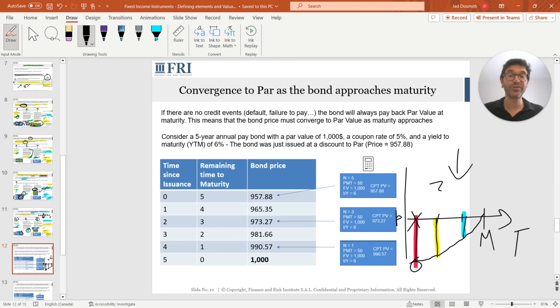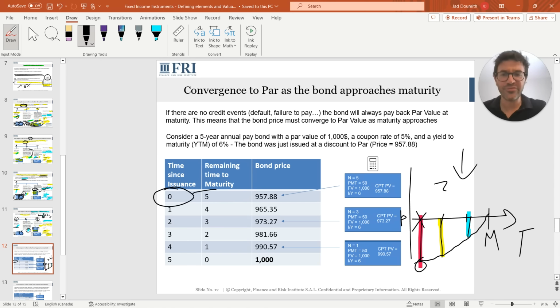Now we can prove it with numbers, of course. If you take a bond that was just issued with 5 years remaining to maturity and you apply a yield of 6, this is basically our bond, the bond we've been dealing with in our example, the price is 957.88.